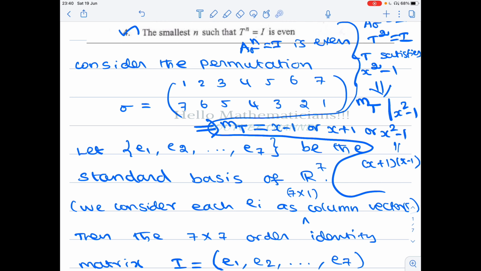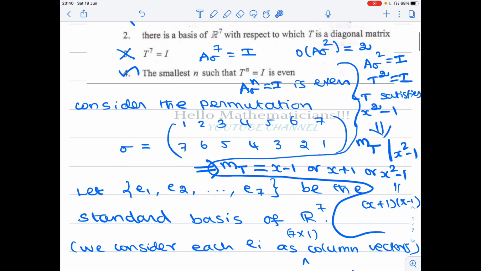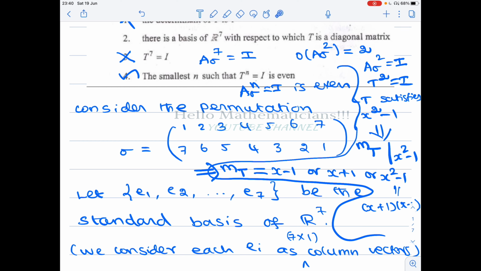Even we can say more actually. If the minimal polynomial is x minus 1, that means that the linear transformation has to be the identity linear transformation. Because if x minus 1 is the minimal polynomial, you substitute T in this polynomial, it should be 0.